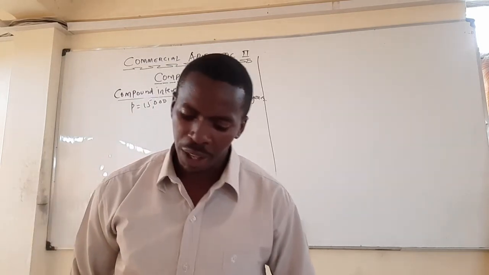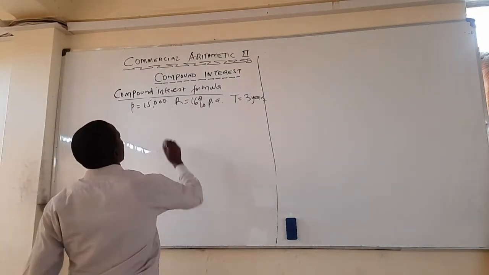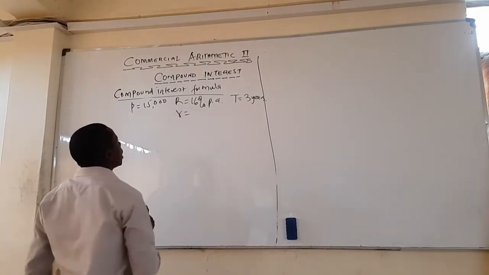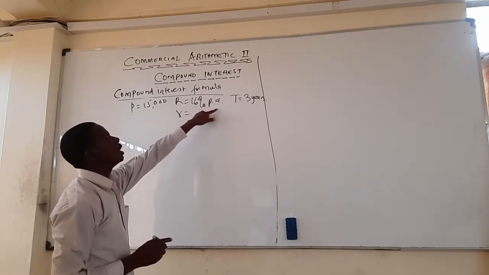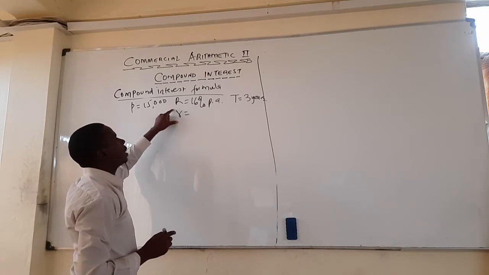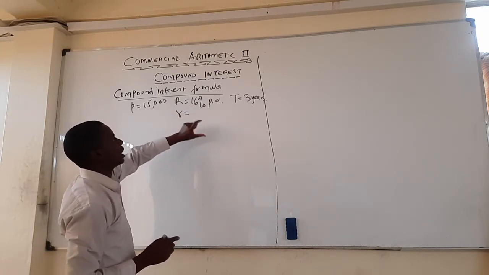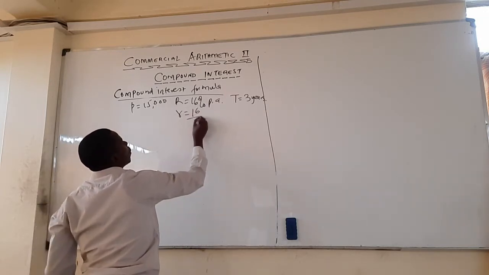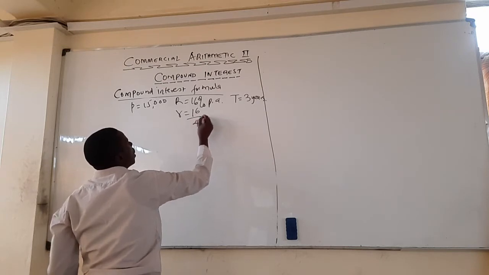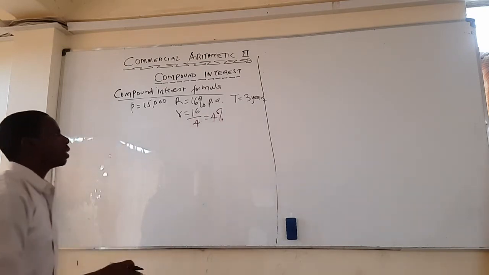So here, the first thing to get is the rate per period. The rate here per annum is 16%, but this is per annum. In that 1 year, we are going to compound our amount 4 times because it is compounded quarterly. So our rate is going to be 16 over 4, and we get 4% per period.